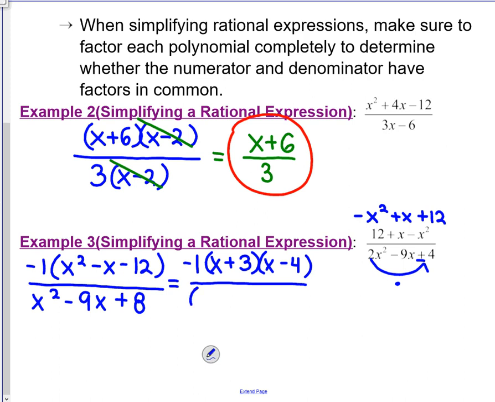Down below, I can start out with the x and the x to get the x squared, multiply to get 8, and add to get a -9. Ooh, two negative numbers. How about -8 and -1? Be careful. Remember that leading coefficient was a 2, so we have to take the 8 and the 1 and divide them both by 2 and try to simplify.